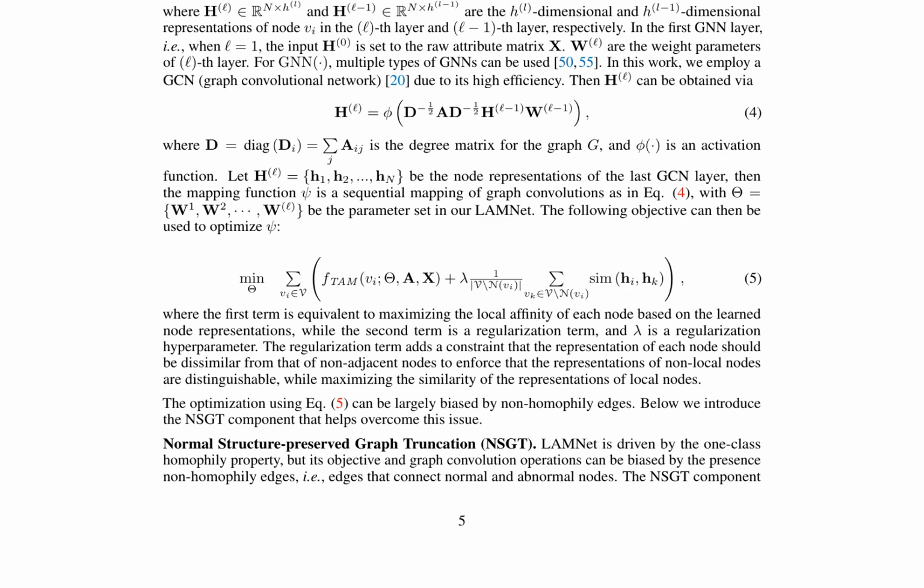TAM's unique approach allows for the creation of anomaly discriminative node representations, which can be crucial in identifying and isolating anomalies within complex networks. By leveraging both LAM-net and NSGT, researchers can better understand the structure and patterns within their data, ultimately leading to more accurate anomaly detection and improved network analysis.